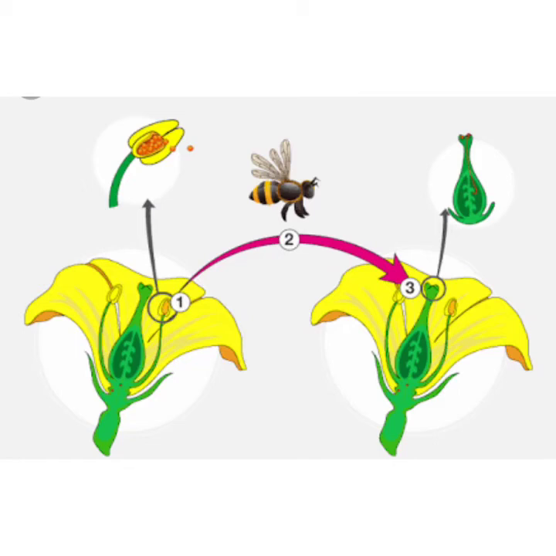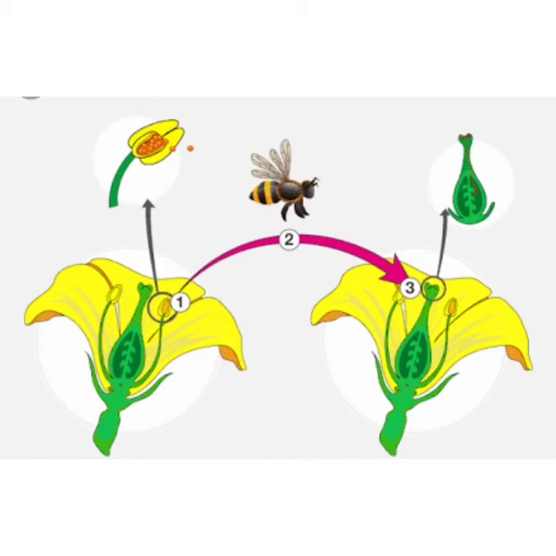They may also be carried to the stigma of another flower belonging to the same kind by the different agents of pollination. You will think, what is meant by agents? Some examples of agents are wind, honeybees, insects and birds.